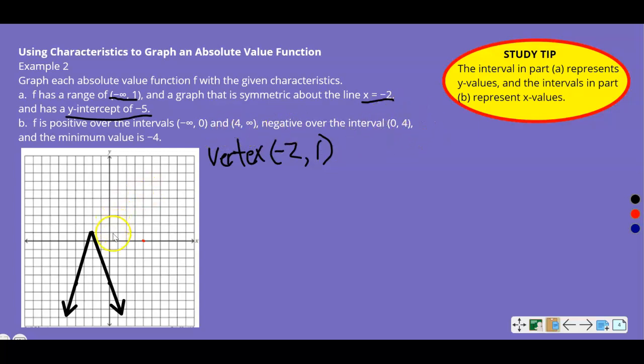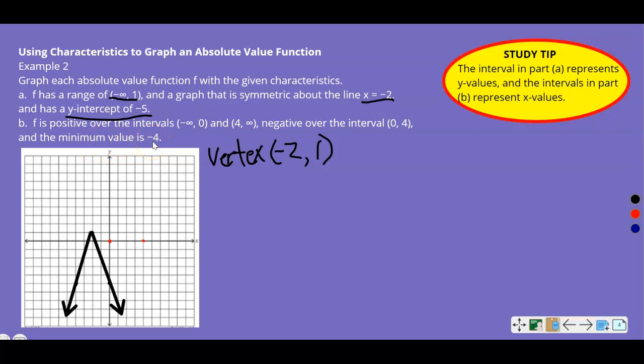So we know that we're going to have this point here, so it's going to be 0, all right, so we know it's positive, meaning above the x-axis, and we know it's positive here. And between these points, it's negative. So that means the vertex is probably going to be down here. It also has a minimum value of -4.